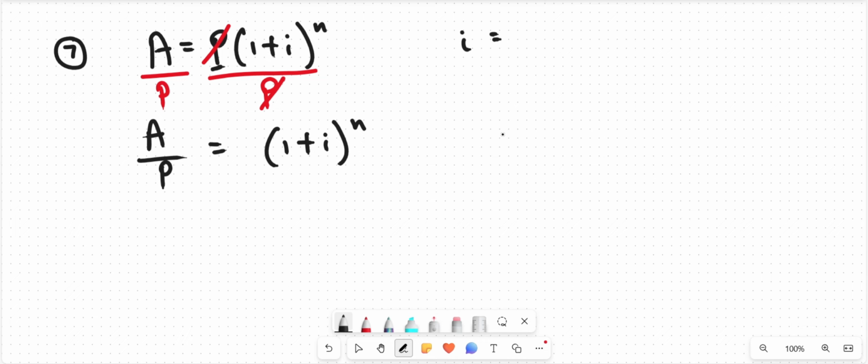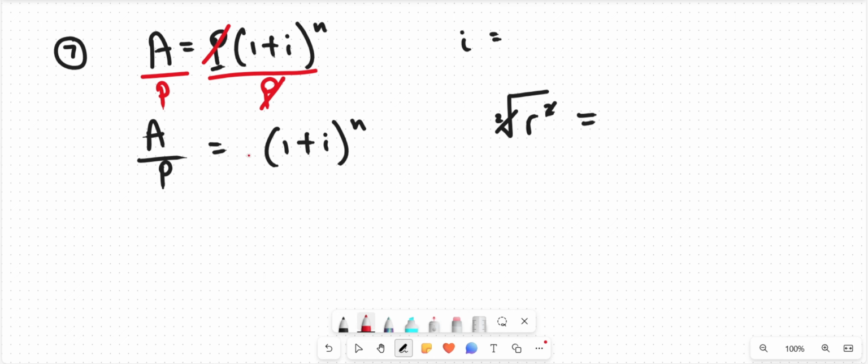And I want to remind you that if we had an exponent of 2, to get rid of an exponent of 2, we would have to square root on both sides. Why? Because if you square root, this 2 and these 2 are going to cancel each other. So now we have an exponent of n. How do we get rid of that exponent of n?